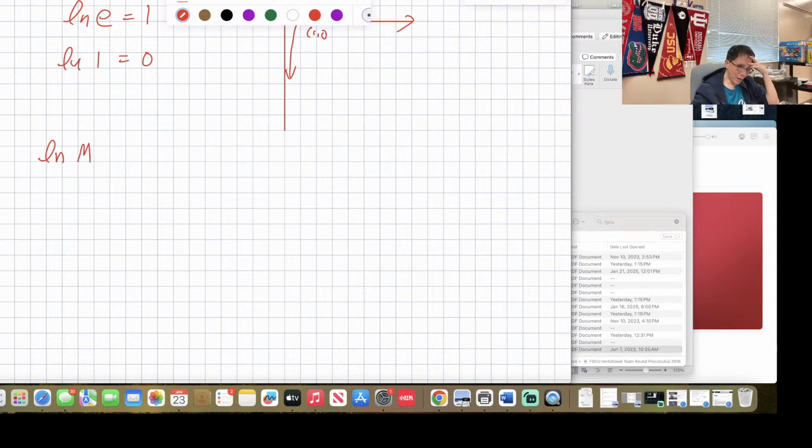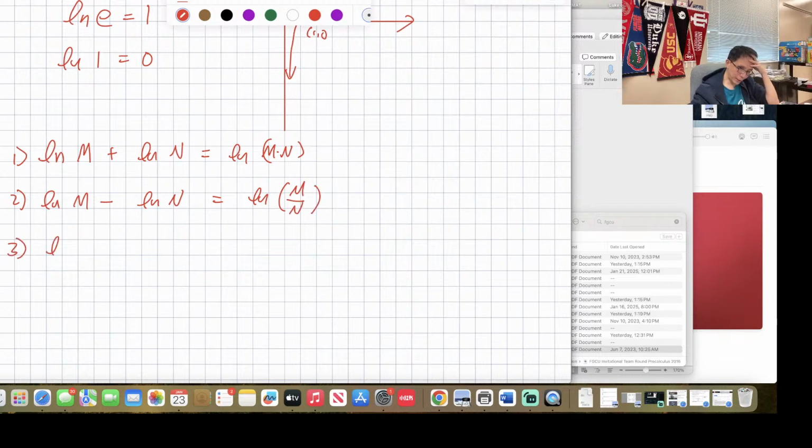There's a product property: natural log of m times n equals natural log of m plus natural log of n. That's called the product property. There is a quotient property: ln of m minus ln of n equals natural log of m over n. The third property is natural log of m to the n power is equal to n times natural log of m. That's the power property.